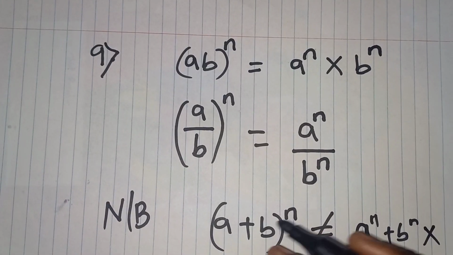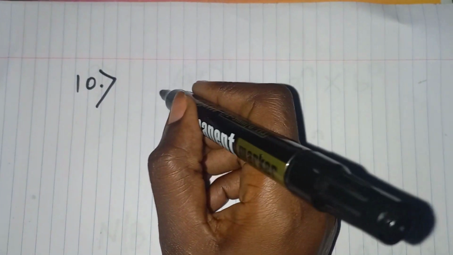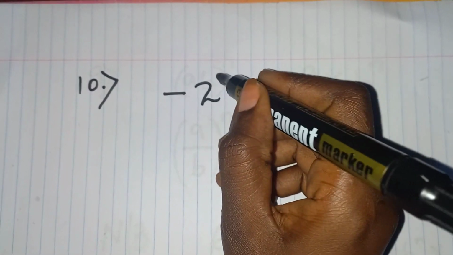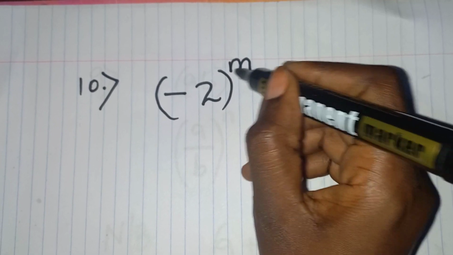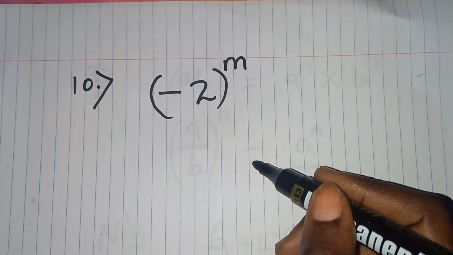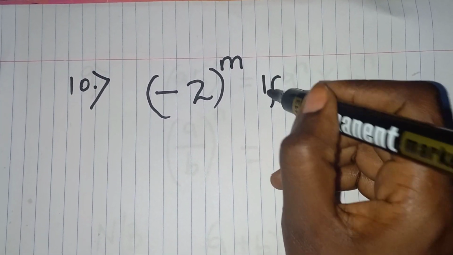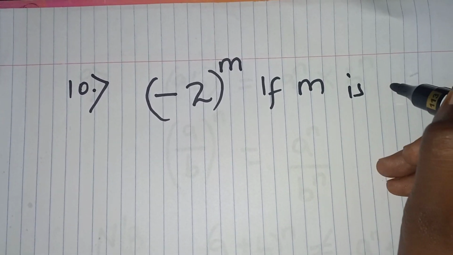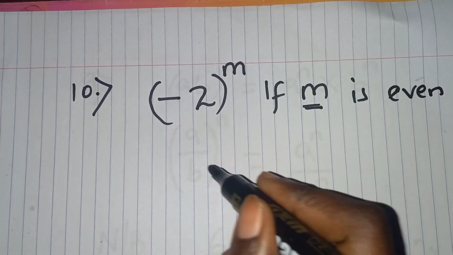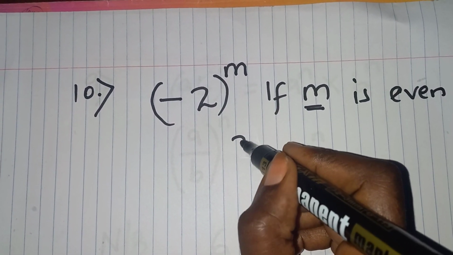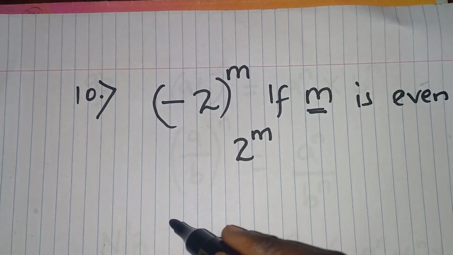So let's look at rule number 10. In rule number 10, if you have a negative number, in brackets raised to power m, which is the power or index, if m is even, then the answer will be 2 raised to power m.